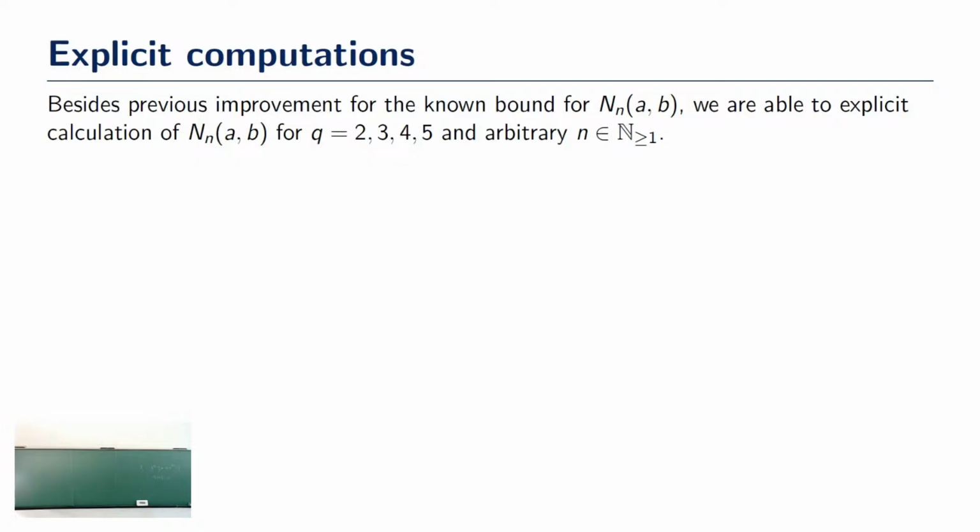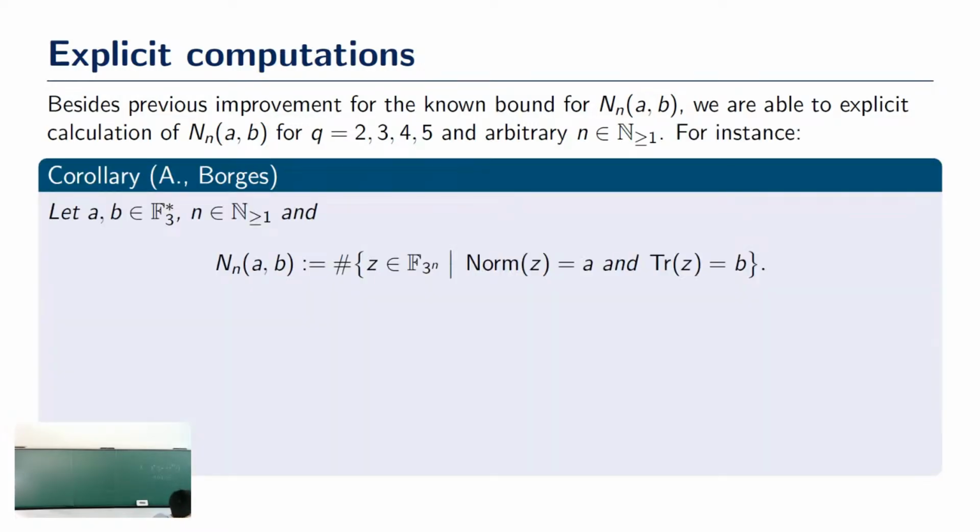And to finish the talk, we can actually calculate explicitly the actual number of rational points on X for small q's and for arbitrary n. For example, for the case q equals 3, we have the following.